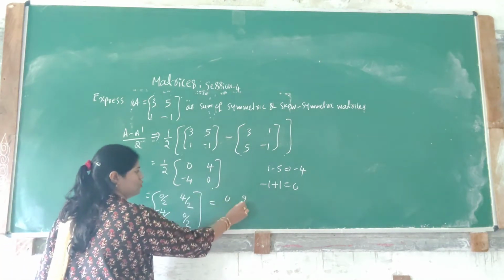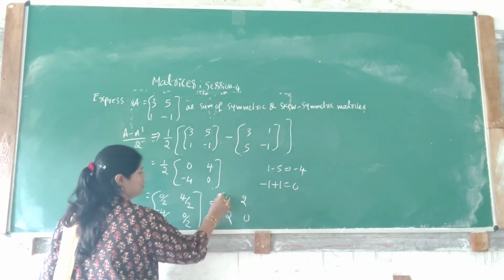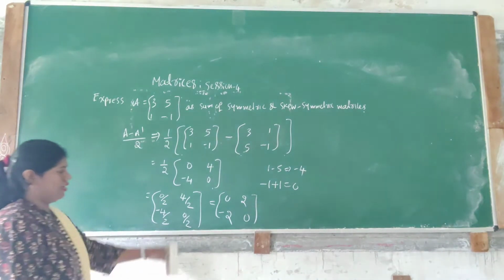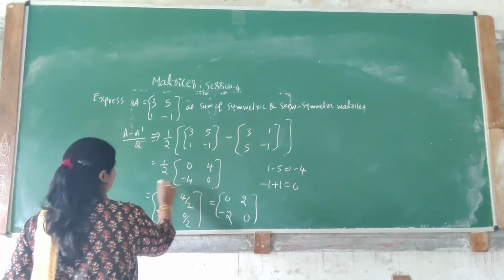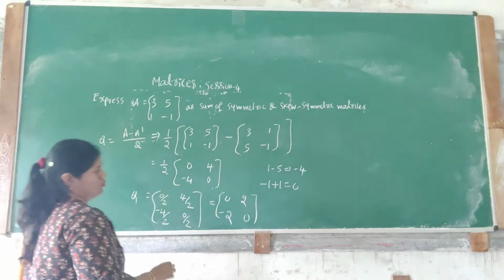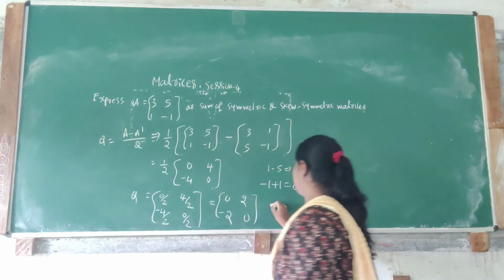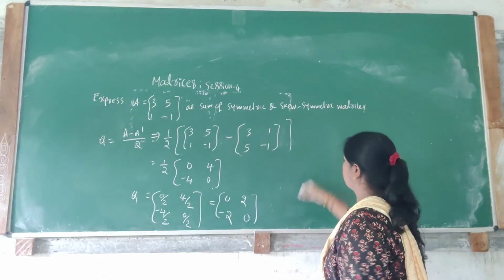2 ones are, 2 twos are, 2 ones are, minus 2 and 0. Is it a skew symmetric matrix? Yes, it is a skew symmetric matrix. This one is Q. What is Q dash here? So this is Q. How to get Q dash?